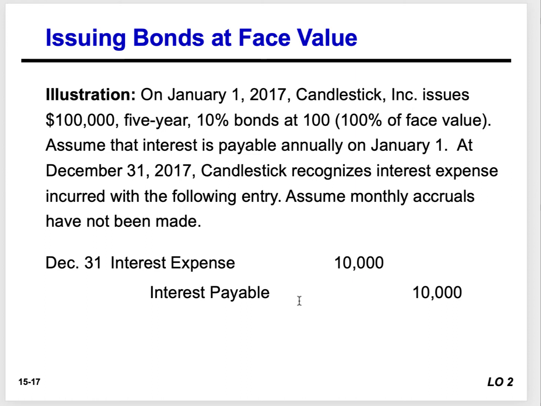It's easy. Let's say that this 10% bond that we issued at 100% of face amount, we have to recognize the interest expense. How do we do that? We debit interest expense, credit interest payable for $10,000. How did I get that $10,000? I took 10% times the face amount.